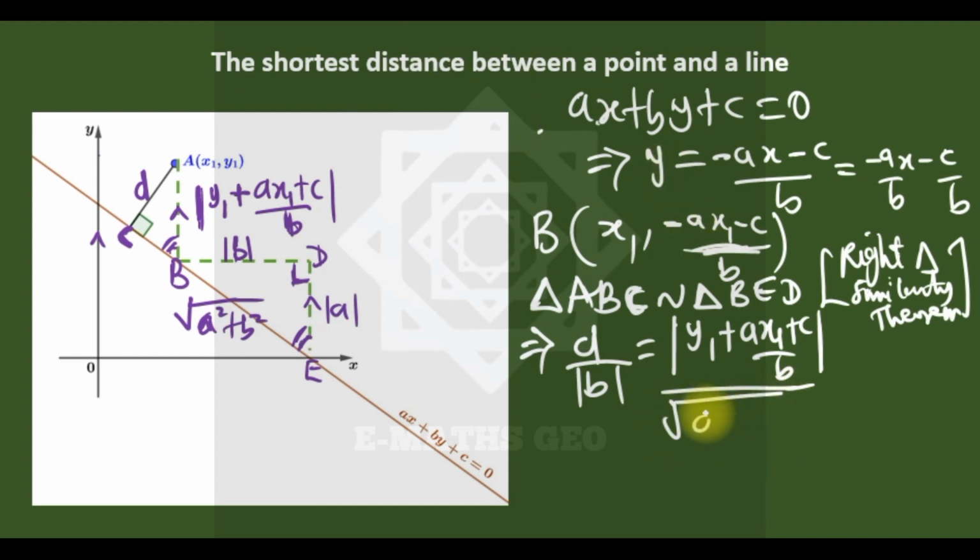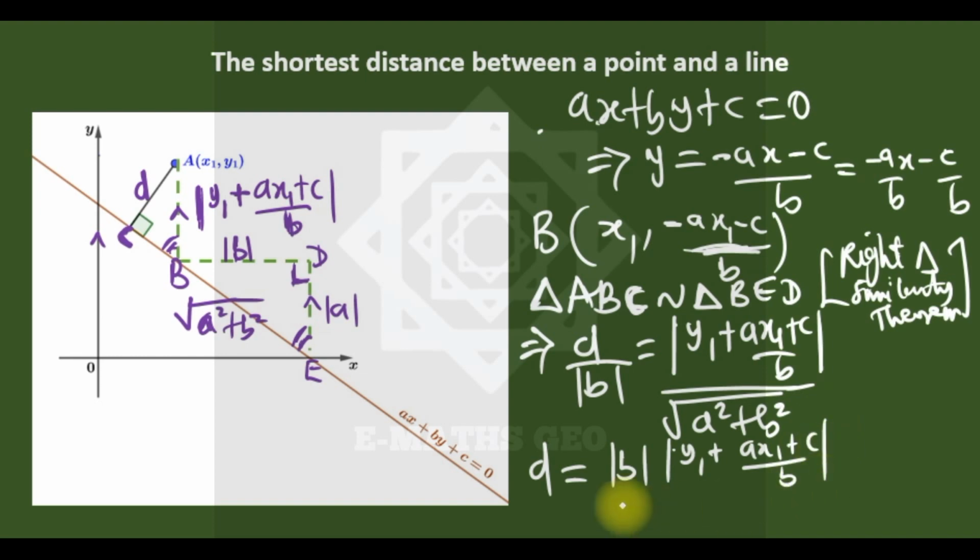And we are looking for D. So our D will be equal to this times this, which is absolute b times absolute y1 plus ax1 plus c over b, all in absolute, over the square root of a squared plus b squared.